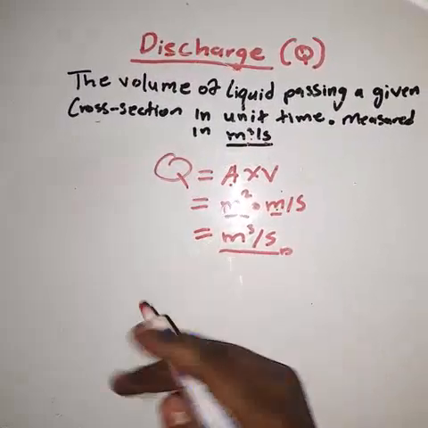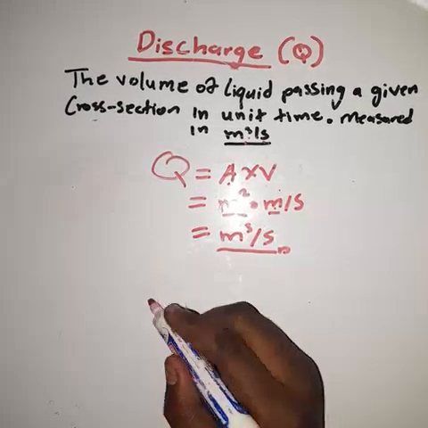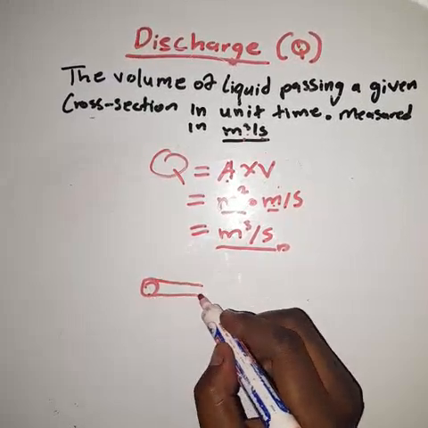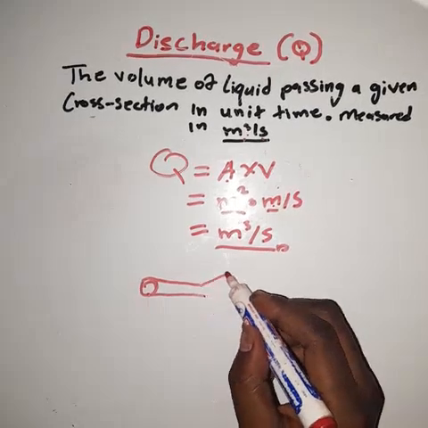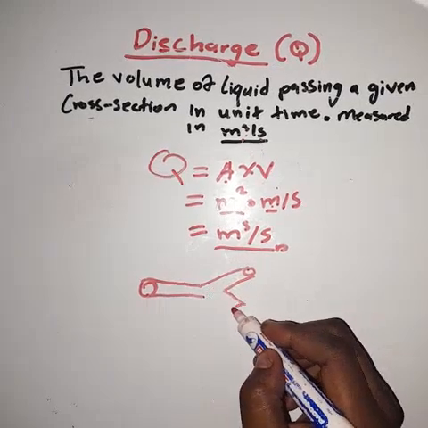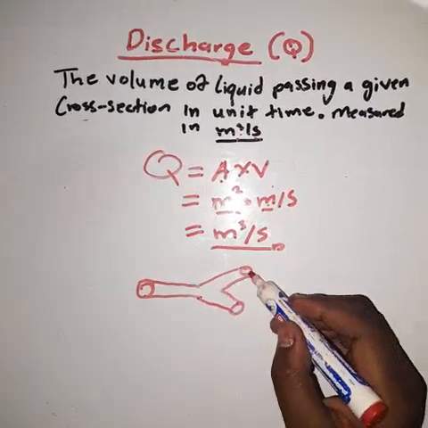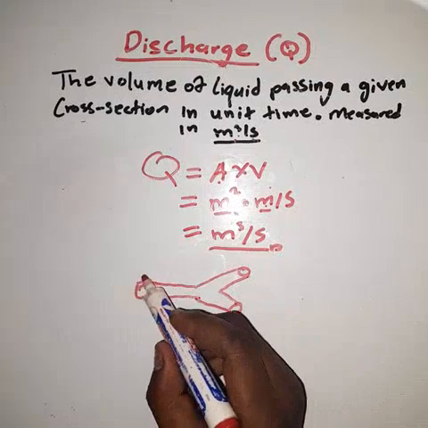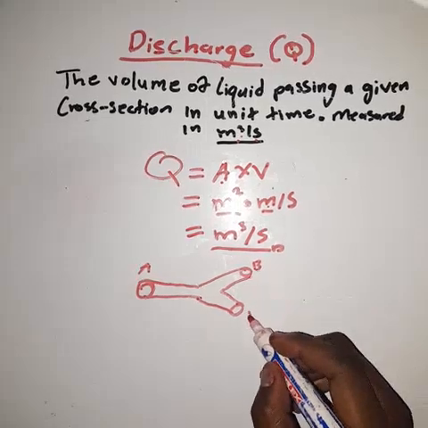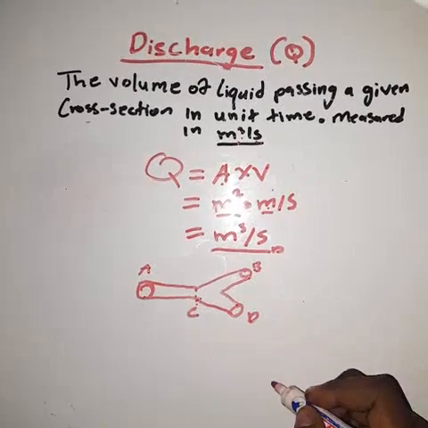If you are given this form of the pipe, let's say here I call it A, this I call it B, this I call it D. Here at the fork I can call it C, right?